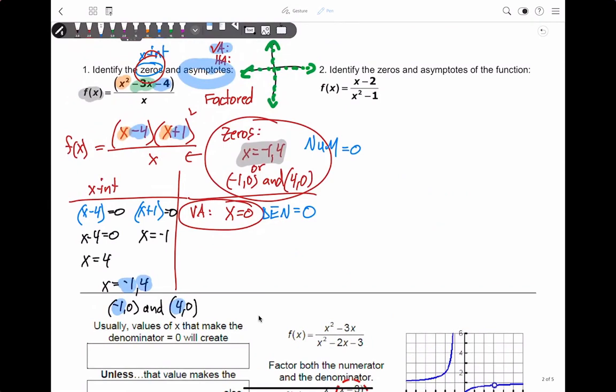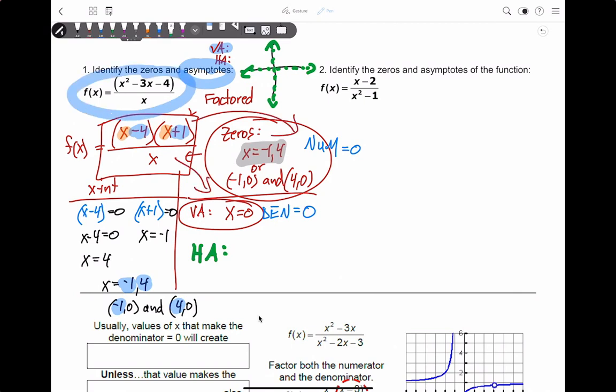I'm going to look first at my original standard form, not the factored form. The factored form gave us these two pieces, but I'm going to go back to my original standard form, let me highlight that in green, in order to get the horizontal asymptote.